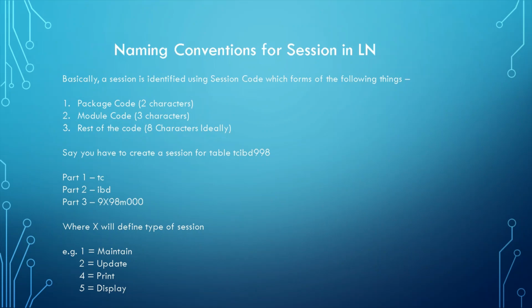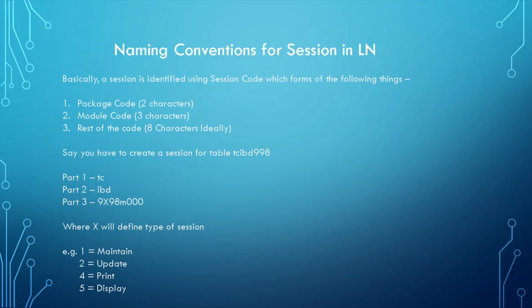The first part is TC because the table code starts with TC and it belongs to the TC package. The second part will be the module code. Our table has module IBD, so we will be using IBD. Next, the table name is 998, that is the table code.